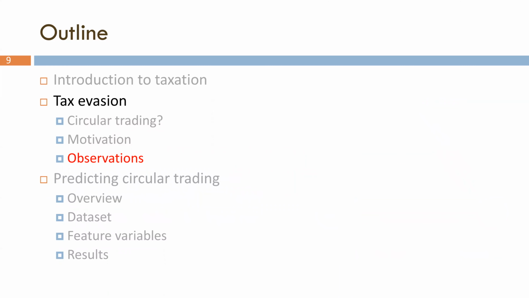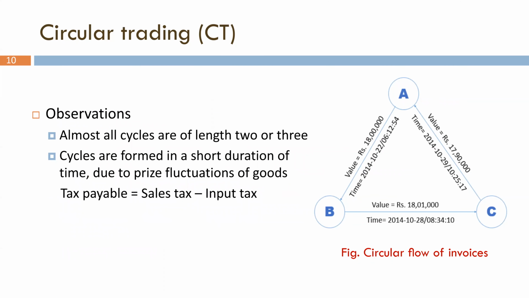Let's move to the observations that we got from doing an exploratory analysis on the data. We see that most of the cycles that form circular trading are of length 2 or 3. That is, 2 or 3 dealers are involved in this scam, and the cycles are formed in a very short duration of time, because there can be price fluctuations in the market.